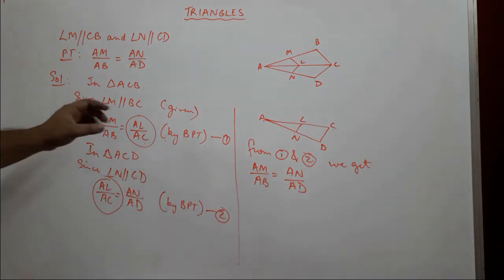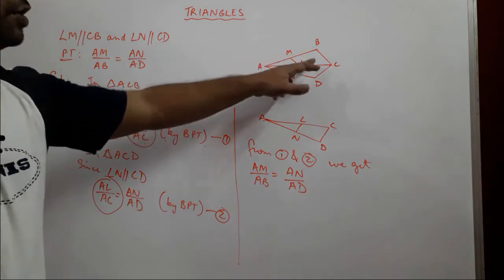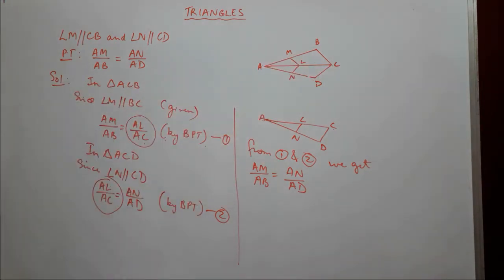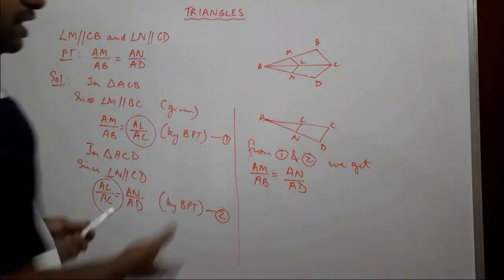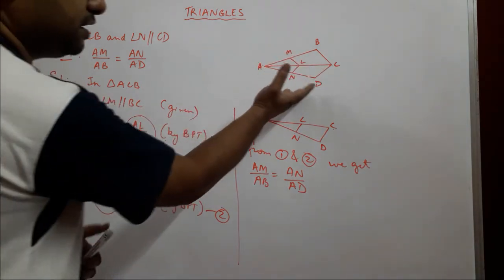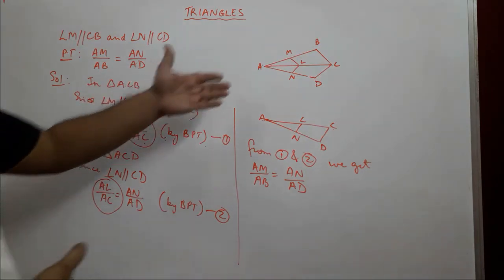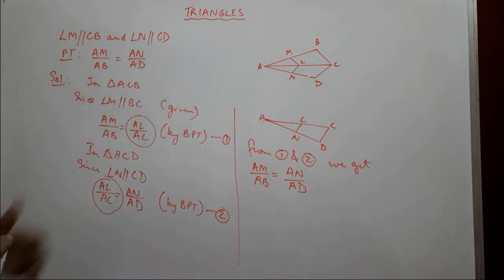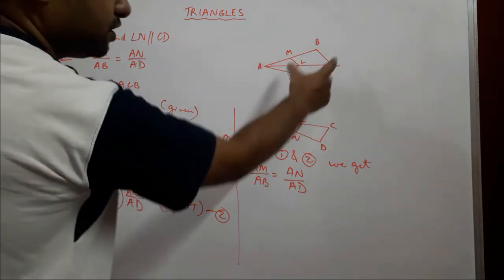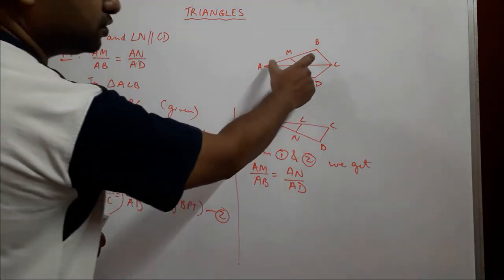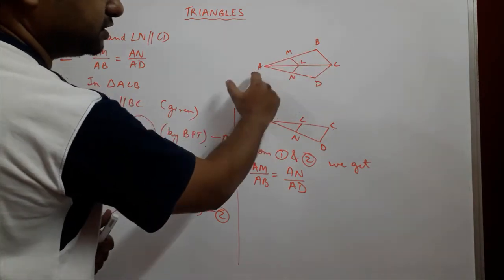So all we had to do was separate them out into two triangles. If you can't see a triangle directly, as in this case, try to see if there are triangles within the figure. This is actually a quadrilateral, a four-sided figure, but in that quadrilateral we see that there are two triangles, two three-sided figures.